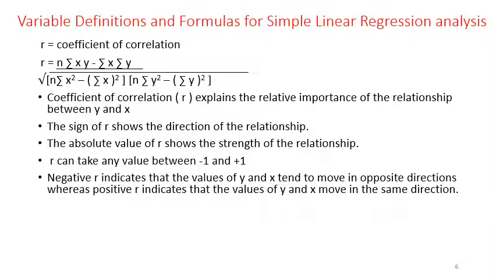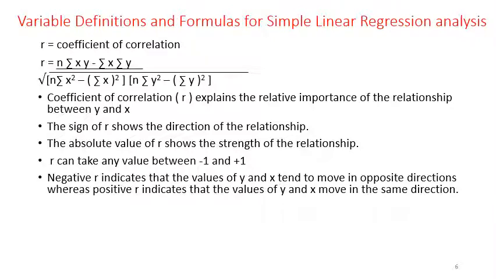Even though the strength is strong, as x increases, y will decrease. A negative value means as x increases, y will decrease. So the minus sign represents that the direction of x and y is different. Plus represents x and y move in the same direction.